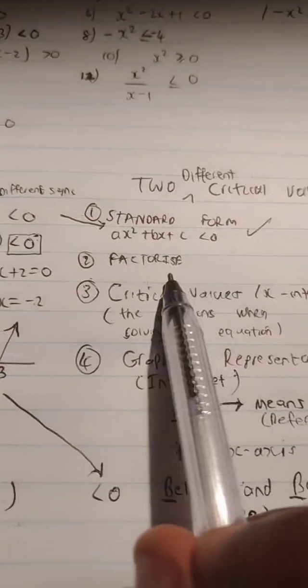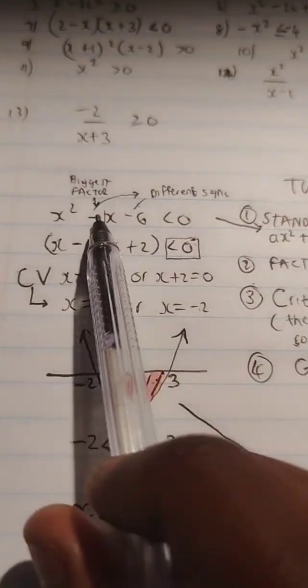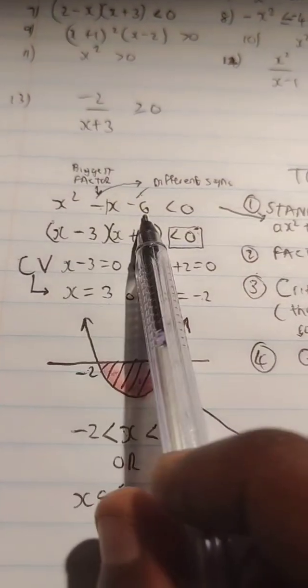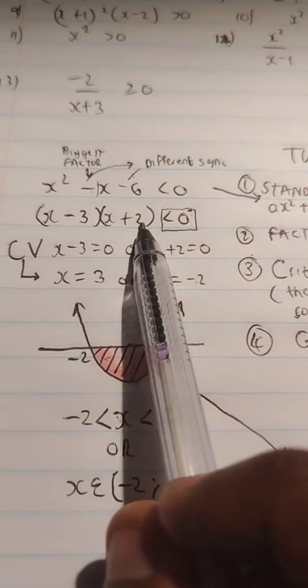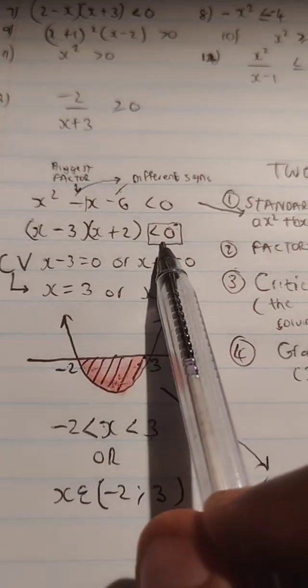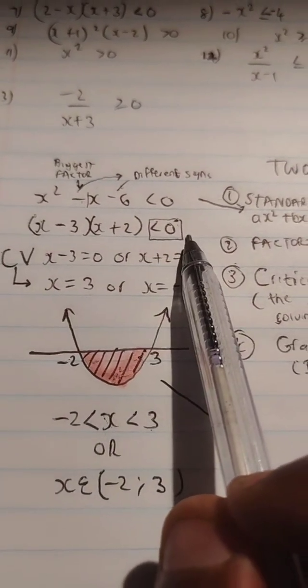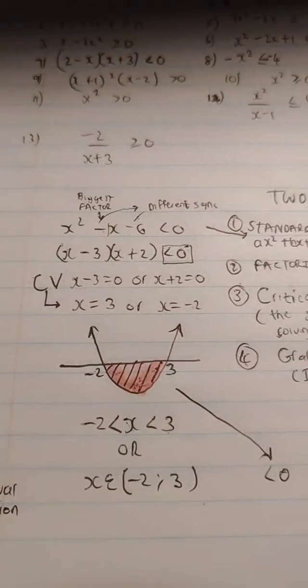Step number 2, factorize the given quadratic expression on the left. When we factorize this, we got x minus 3 into x plus 2. We retain the less than 0. Step number 3, write down the critical values.